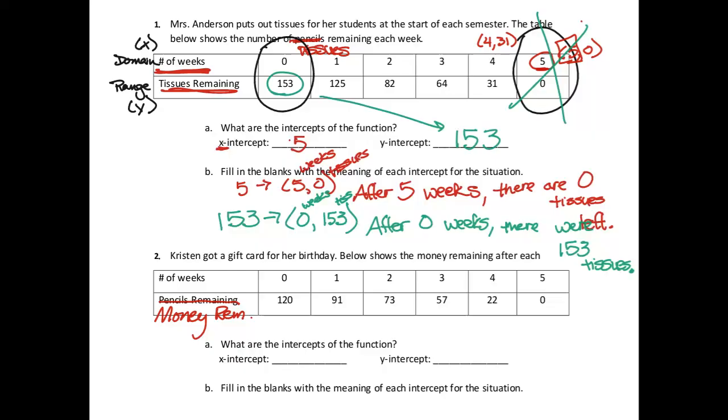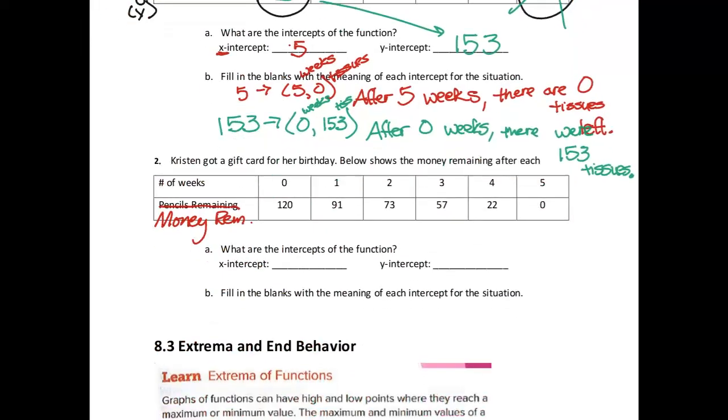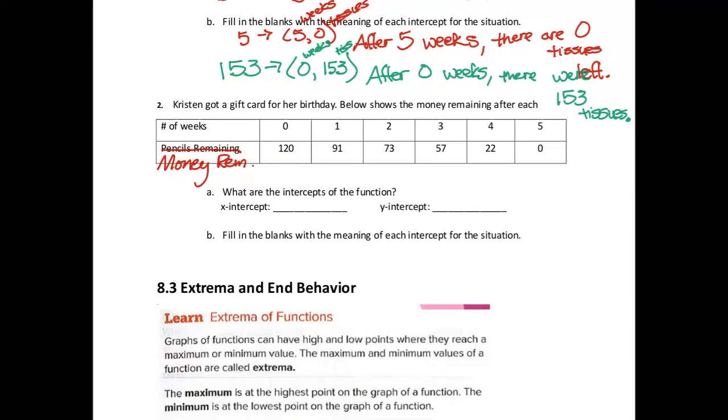Okay? So you see, by lining these up and looking back at the label for the X and Y values, that helps give you the interpretation of what you're talking about. Does that make sense? Johan, does that make sense? Okay. All right, so let's take a look at the second problem, which is similar.